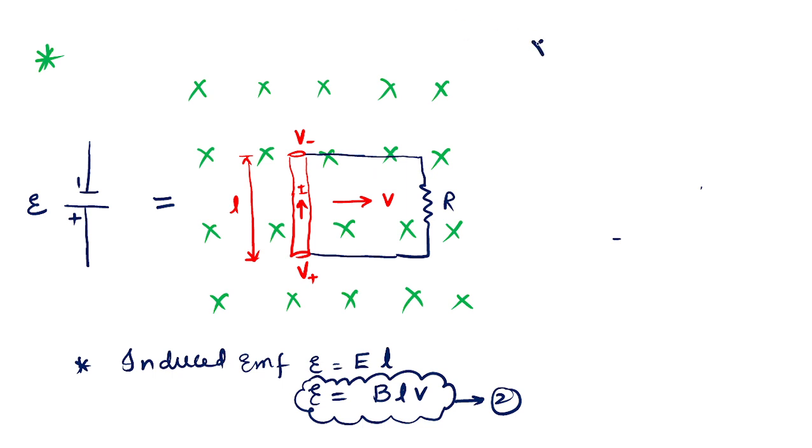Then, what I am going to write here is the induced current. Induced current I is equal to what can I write here? Tell me. Induced EMF divided by resistance. So what is the formula now? Tell me.